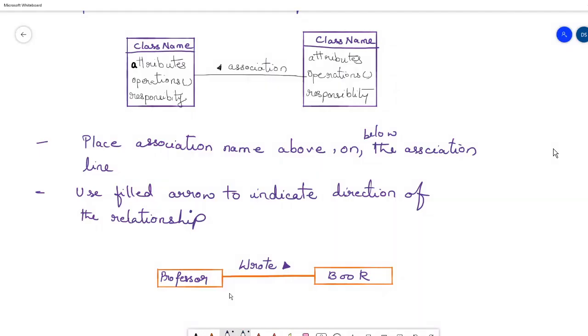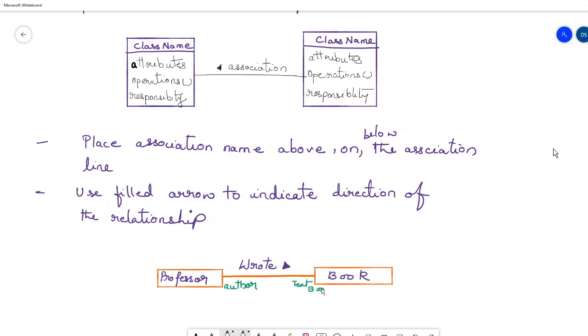Now, who is a professor? How is the professor related to this book? So, the professor is an author. Author, okay. And this book can be related to some subject, so I can write subject, or let me write textbook.